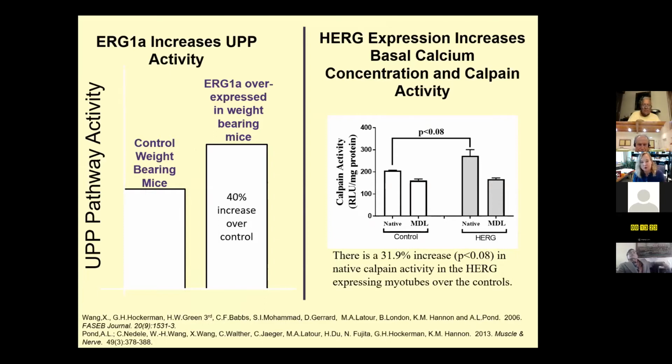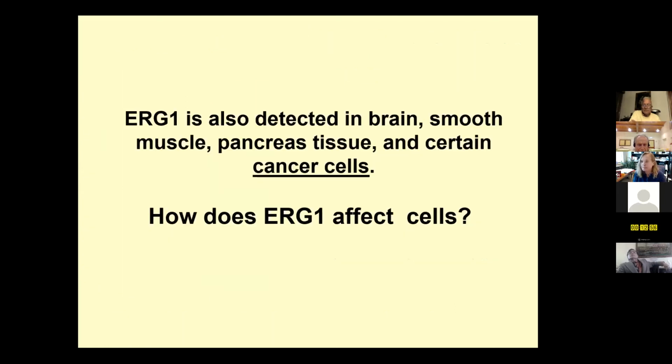When we electrotransfer the channel into the muscle, what we find is that in vivo, we also get an increase in calpain activity. So ERG is affecting proteolysis both by UPP and by modulating calcium levels. We don't know how at this point. We do know that it does cause an increase in some of the E3 ligases that are part of the UPP pathway, specifically MuRF. All right.